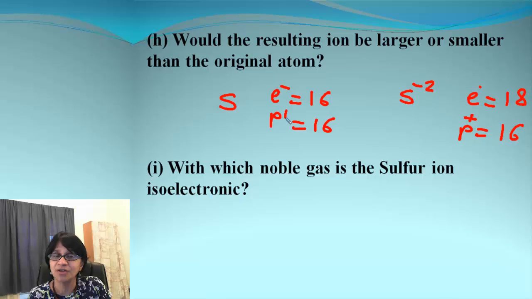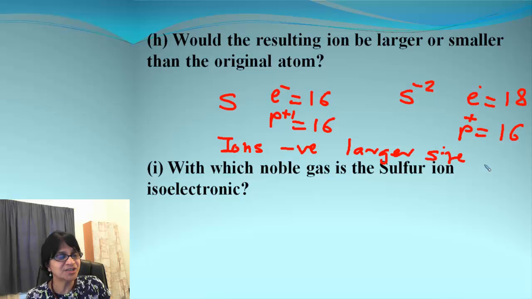So protons attract the electrons and keep them in place. In the atom, the number of protons is equal, so there is good control of protons over electrons. When we look at this ion, the control over electrons is less because we have fewer protons than electrons. What it does effectively is increase the size, so the ion becomes bigger. Ions which are negative will have a larger size than the atom.